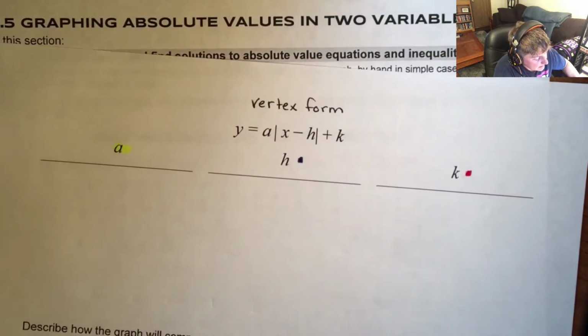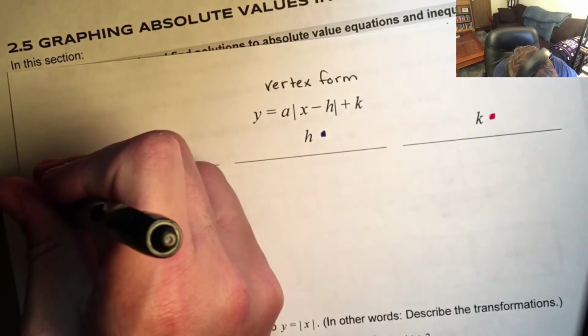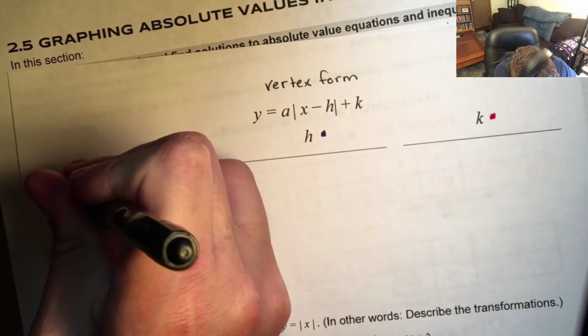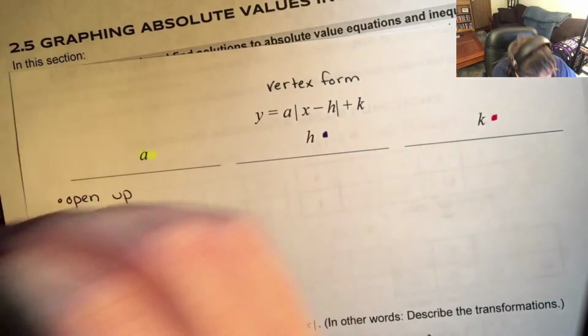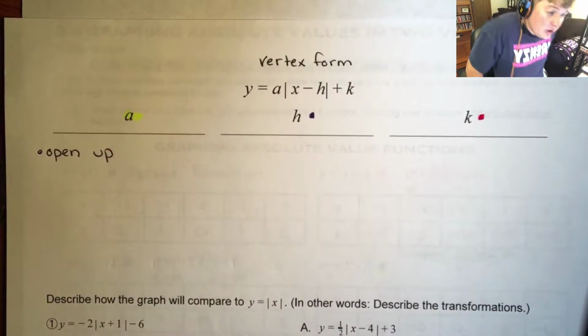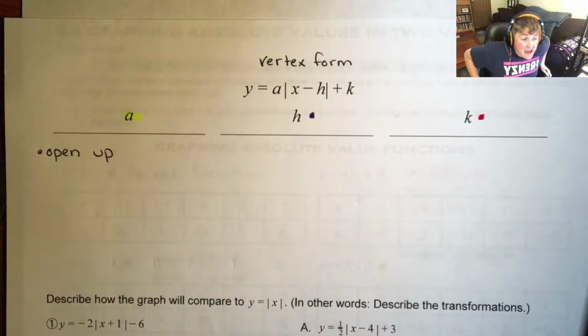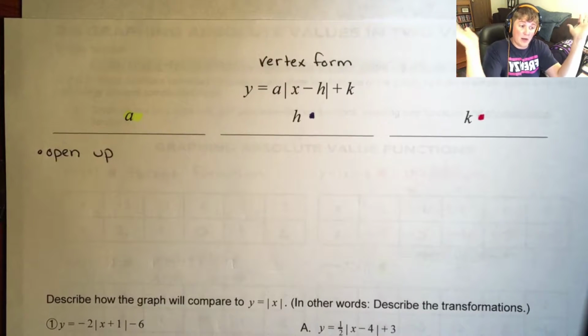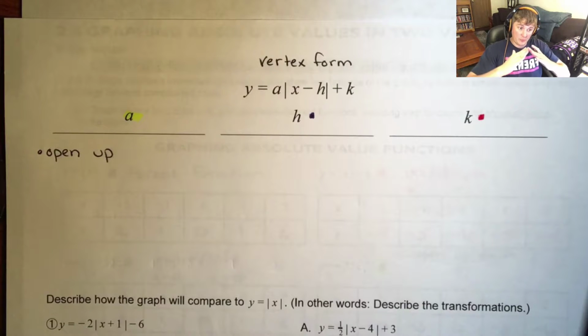I can know a lot about the graph just by looking at the equation, and really I could almost sketch the graph pretty accurately just by knowing what these different values do. Specifically, I know that the graph is going to open up this way as opposed to opening down this way.